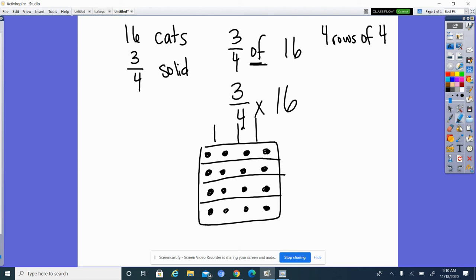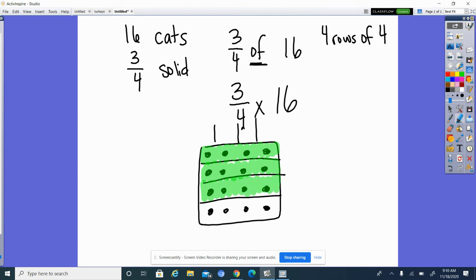Of that, how much do I want? Of the 16, how much do I want to shade in? 3/4. Here's 1/4. Here's 2/4. Here's 3/4. Okay?